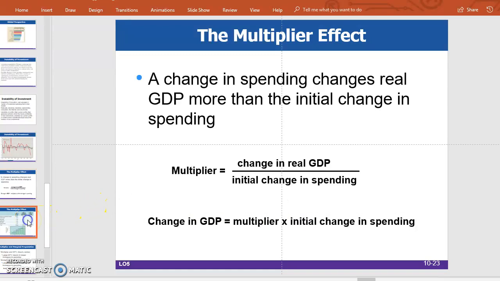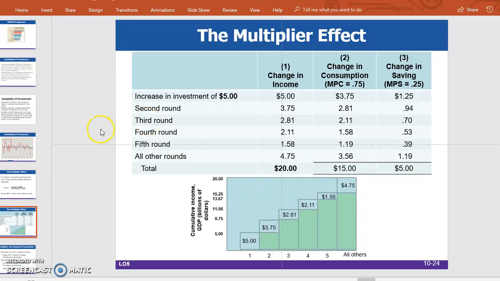So let us look at that. Suppose there is an initial $5 billion increase in investment, so the contractors who are working on that investment project have a change in income of 5 billion, right? And out of that, their MPC is 0.75, so they will consume 3.75, which is 75% of this 5 billion, and then save the rest, right?